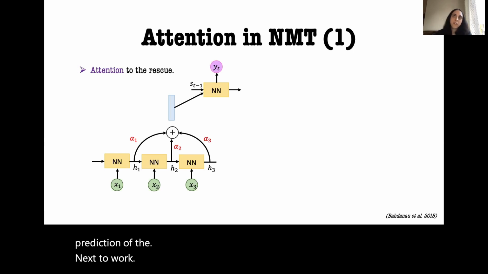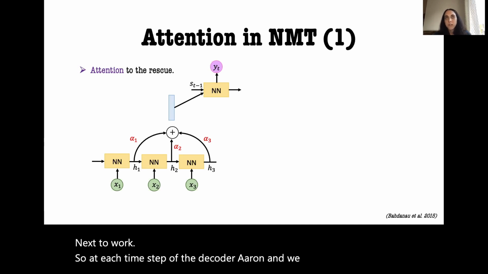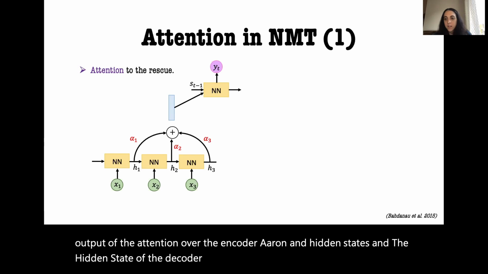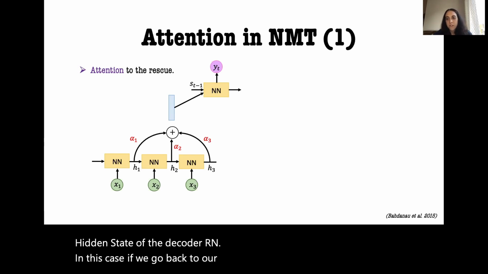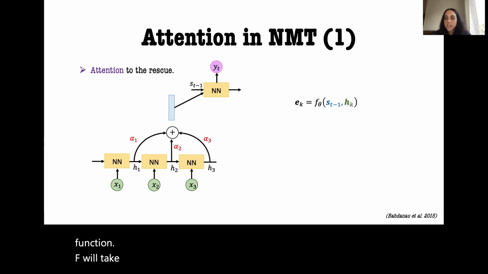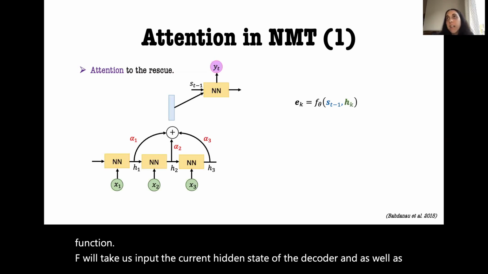So at each time step of the decoder RNN, we will have as input the output of the attention over the encoder RNN hidden states and the hidden state of the decoder RNN. In this case, if we go back to our initial definition of attention, our scoring function, f, will take as input the current hidden state of the decoder RNN as well as each encoder RNN hidden state.